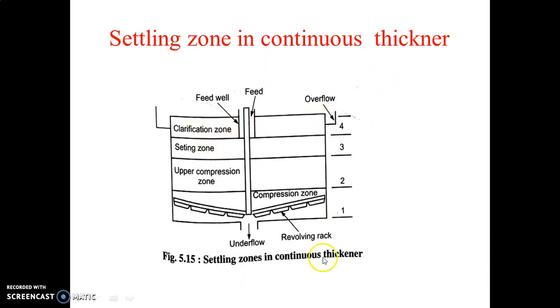Suppose this is a continuous thickener; when these zones are present in it, the height of each zone remains constant. That means the clarification zone remains here, the settling zone here, the upper compression zone and the compression zone, that is A, B, C, D. All these four zones remain constant in a continuous thickener.